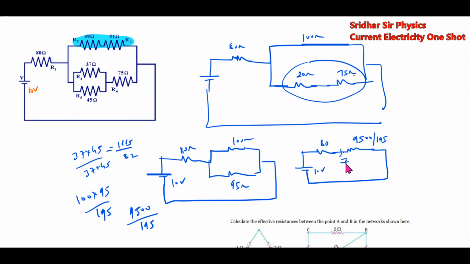Okay, fine. So like this we can calculate the current. Again, how these two are in series. There's a basic idea, series parallel. You should be very perfect in exam.